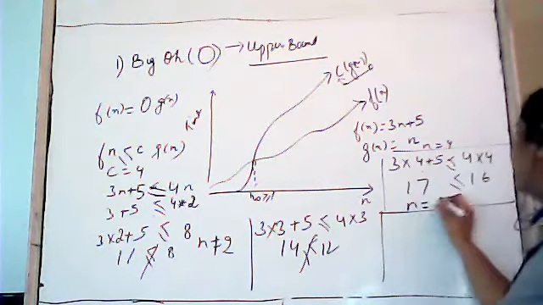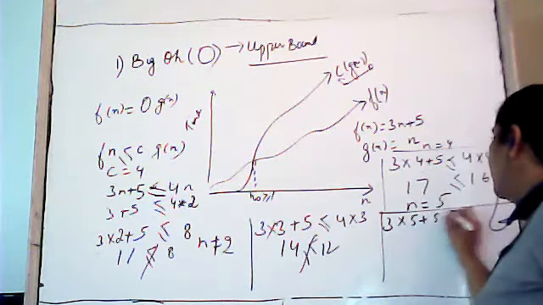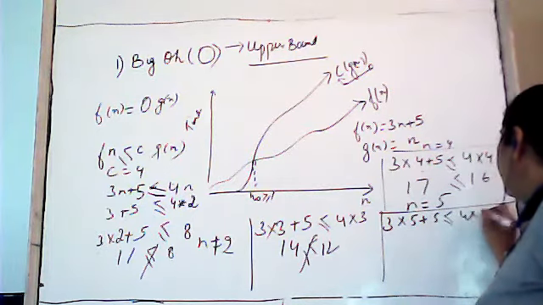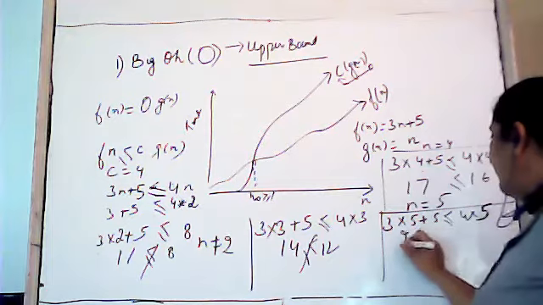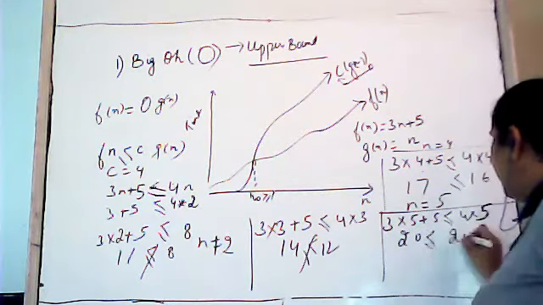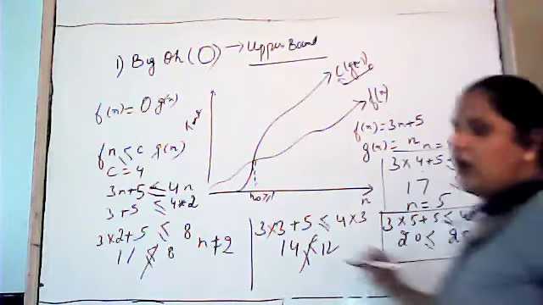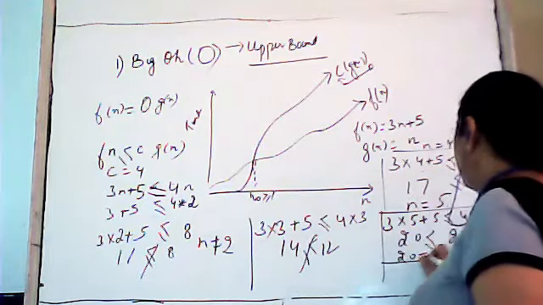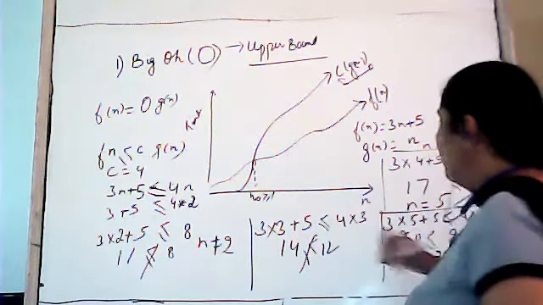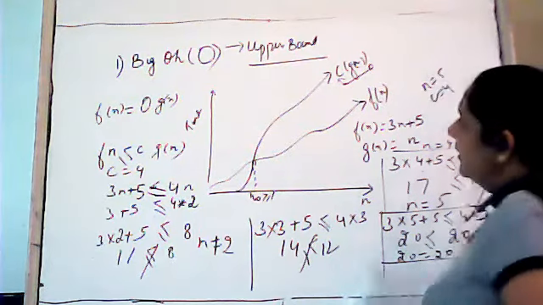Now take n equal to 5. 3 into 5 plus 5 is less than or equal to 4 into 5. So 20 is less than or equal to 20. It is not less than, but it is equal: 20 is equal to 20. That means the minimum value is n equal to 5 and c equal to 4.